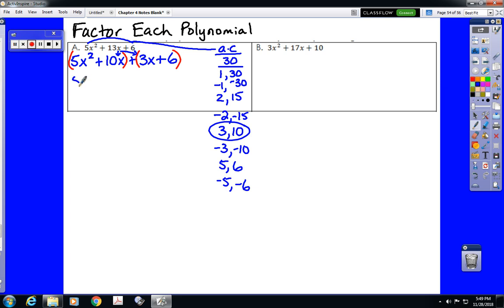And we're going to factor out the greatest common factor. So 5x comes out of the first set of parentheses, leaving x plus 2. And 3 comes out of the second set of parentheses, which leaves x plus 2. Then we factor out x plus 2, which leaves 5x plus 3.